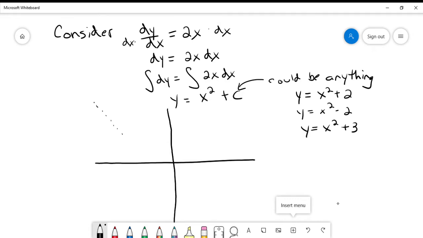I could put on the granddaddy quadratic, where I just have y equals x squared. But what if I started putting in all the others? What if I put in x squared plus 1? And what if I put in x squared plus 2? And what if I put in x squared plus 3?